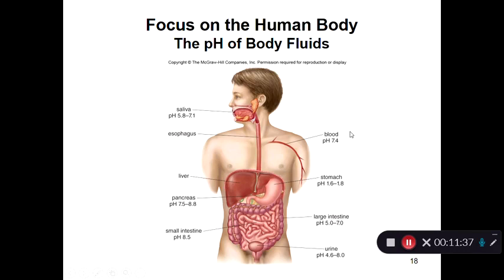For our body, we are able to measure the pH of our fluids. Mostly we have the lowest pH in our stomach, whenever the body is digesting a meal or any foods we eat.